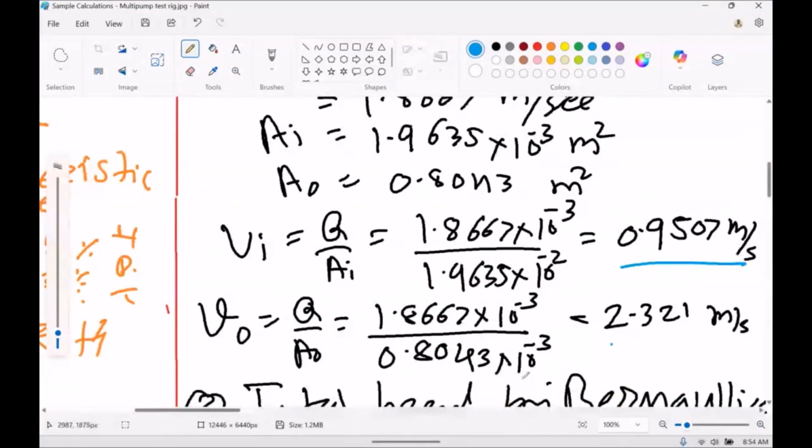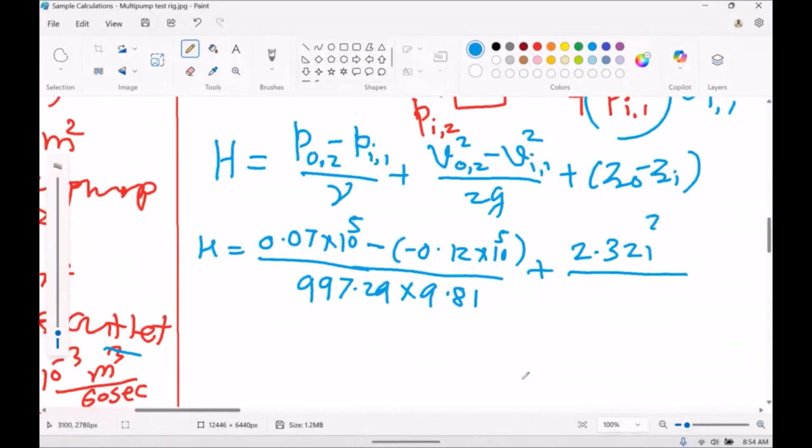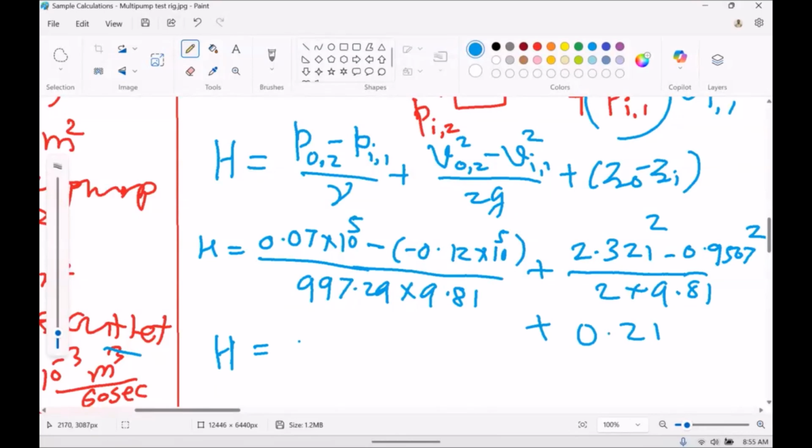This is the velocity, and we will put this value: 2.321 square minus 0.9507 square, divided by 2 into 9.81, plus the potential head 2.1, and you will get the total head for series connection, which is equal to 2.3806 meter. So this is same, no need to calculate power and torque input efficiency, nothing.